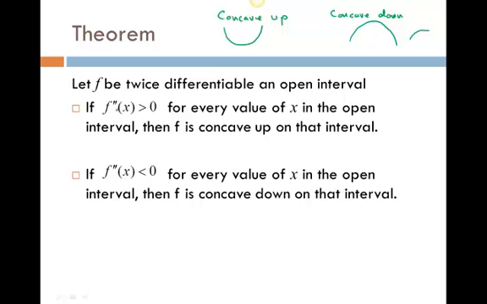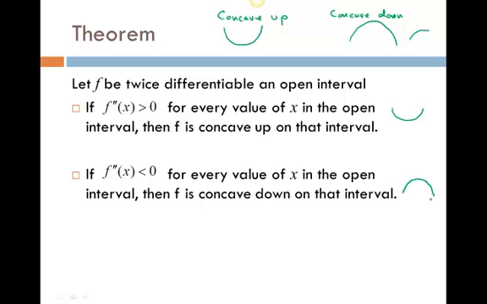So the second derivative being positive means that it's concave up. If the second derivative is negative, if f double prime of x is less than 0 for every value of x in the open interval, then f is concave down on that interval.